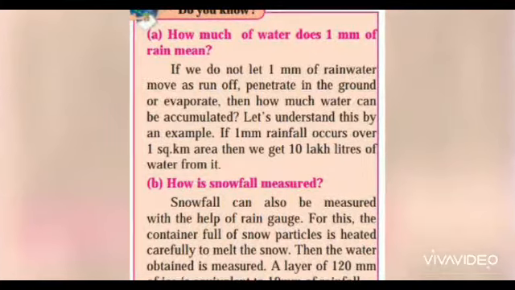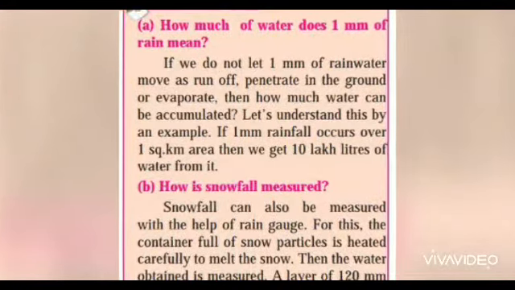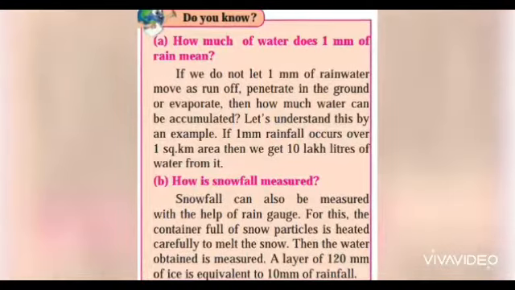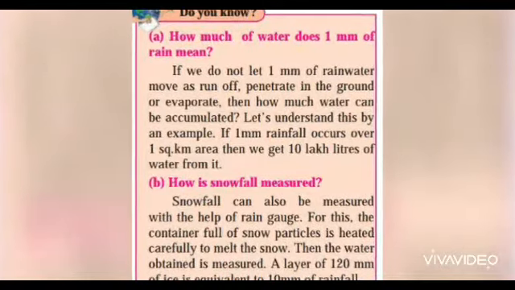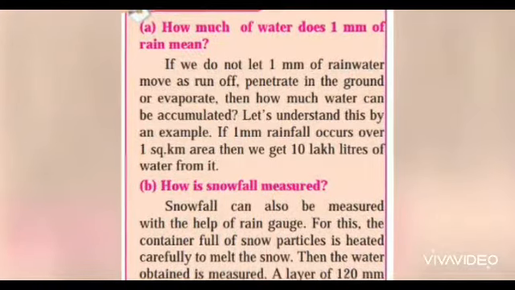Let's understand this by an example. If 1 millimeter of rainfall occurs over 1 square kilometer area, then we get 10 lakh liters of water from it.